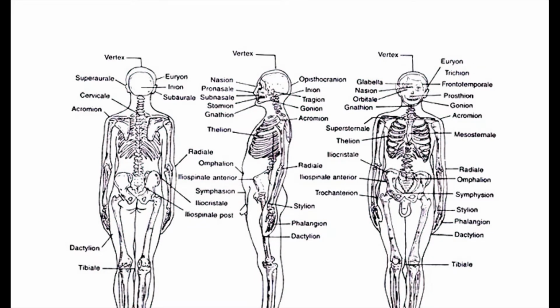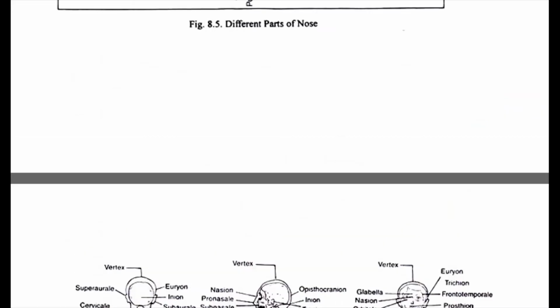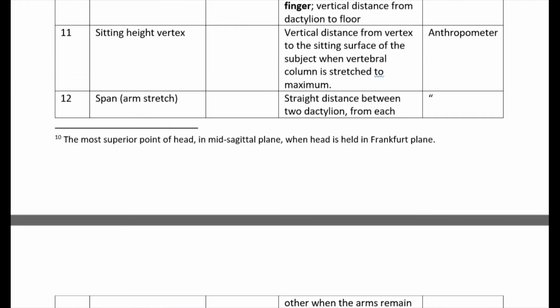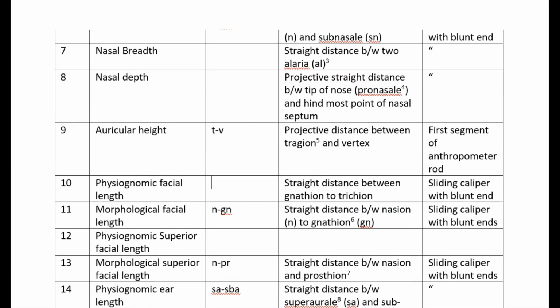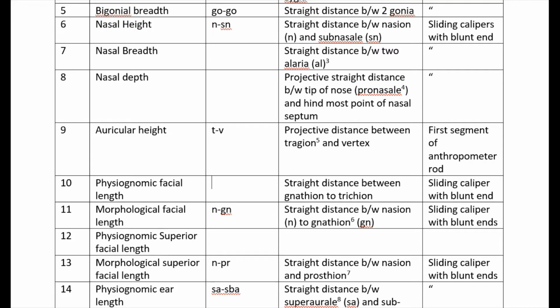In this figure it's not labeled, but see where you have the start of your hairline in the mid-sagittal plane. That is identified as trichion. Wherever the hairline starts in the mid-sagittal plane, that point is trichion. So this is how you take the reading for your physiognomic facial length.